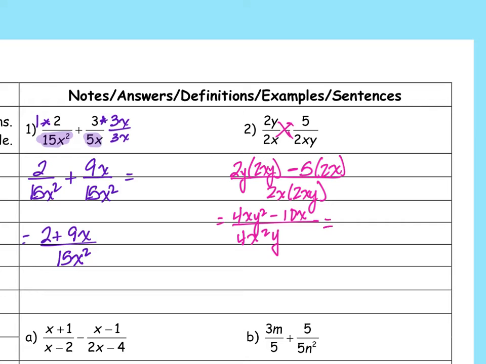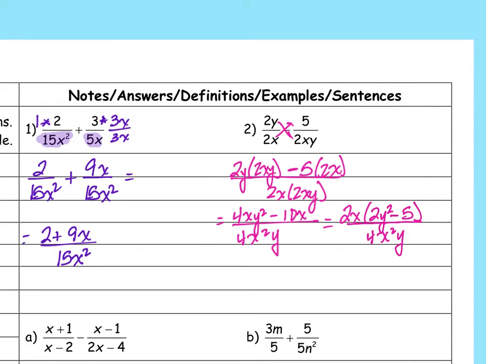So what goes into 4 and 10? 2 and an x. So I can take a 2 and an x out, and I get 2x times 2y squared minus 5, all over 4x squared y.